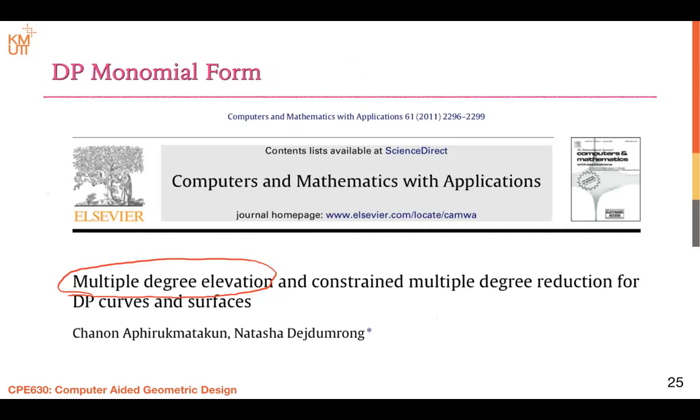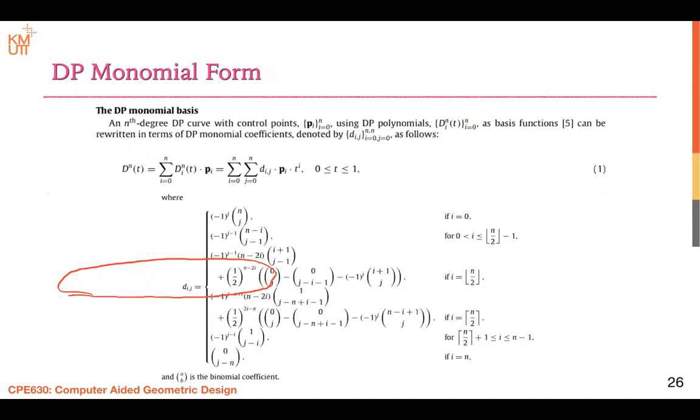Okay, this one is to find the multiple degree elevation by using the monomial basis, right? So this is the first time that the DP monomial basis has been published, instead of using only the DP polynomial. Shannon and I also presented the Dij, which is an element in the monomial matrix, and then we also provide the proof of it.